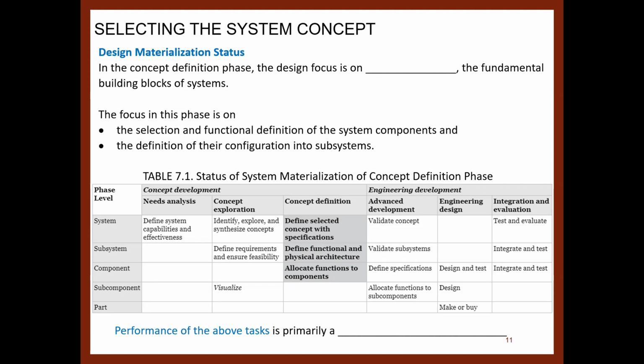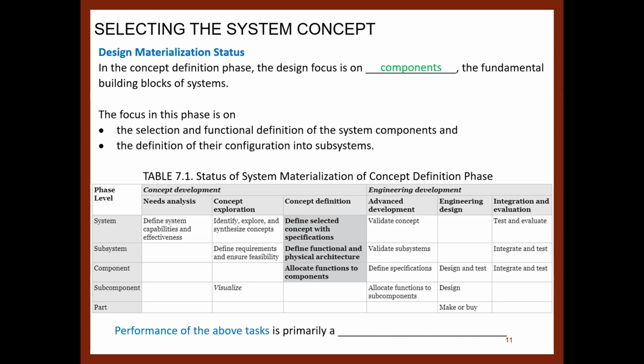And then we are also going to start looking at the component level, start to allocate some of those functions for our concept to specific technology. So in the concept definition phase, the design focus is on components, the fundamental building blocks of the systems, as we discussed already.